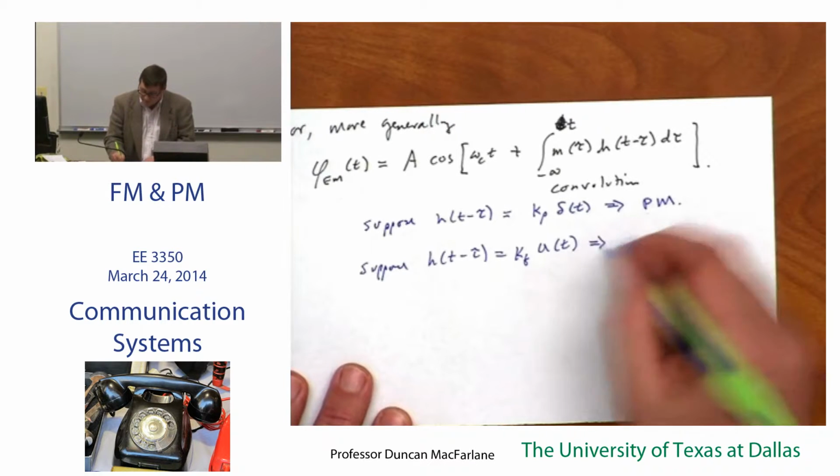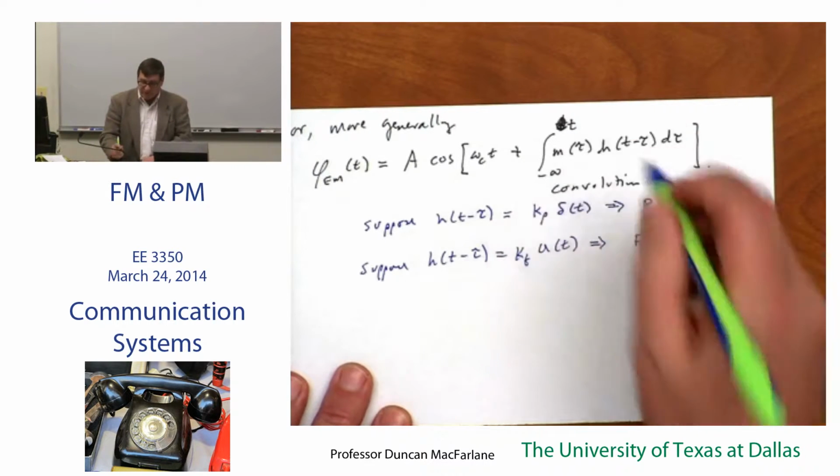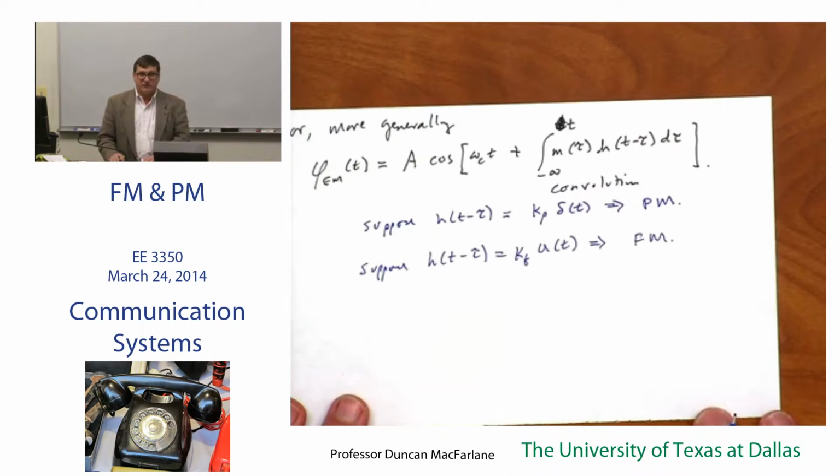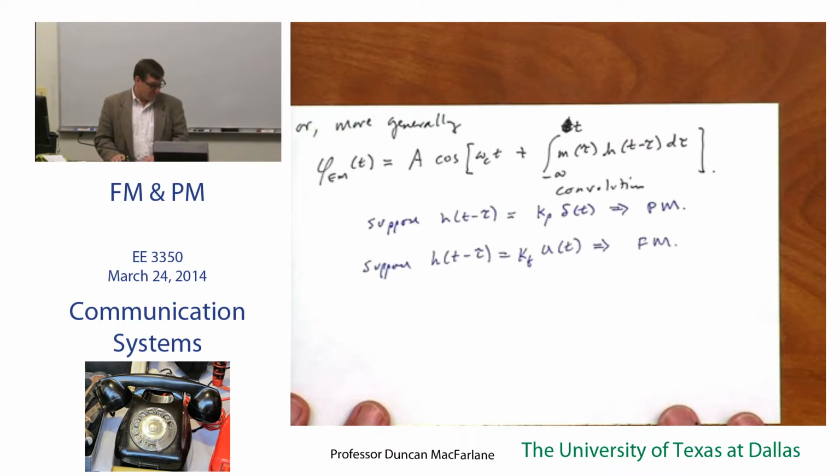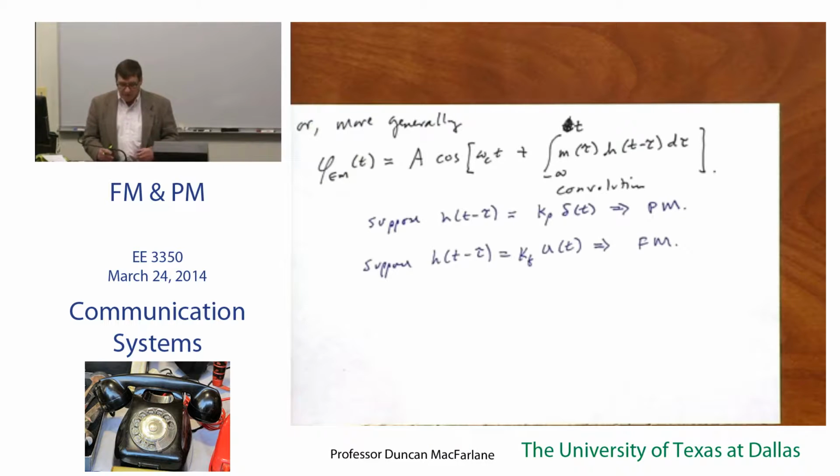And if that's the case, then I have an integral of m of tau d tau, accumulated up, and then that's my frequency modulation. Okay. So that gives you other ways of thinking about implementing or realizing this, and even other applications of where you can use this kind of a form.